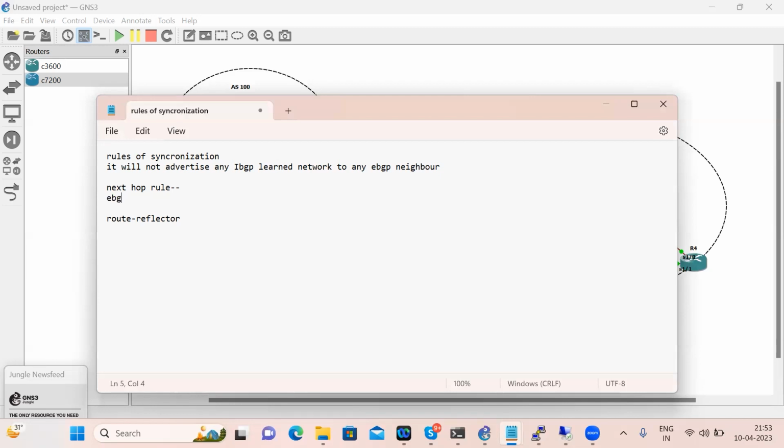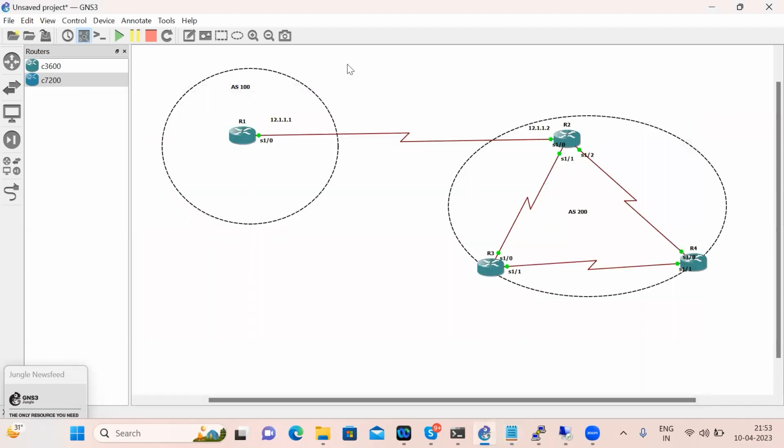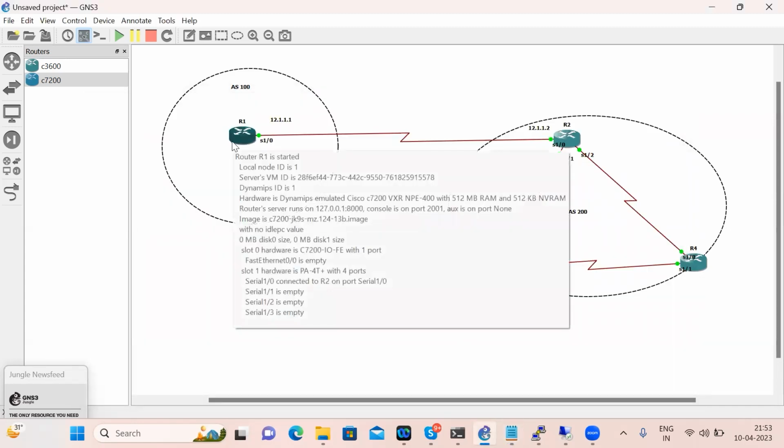And there you will see two different things, eBGP to eBGP. Okay, so whenever routes are exchanged, listen to it carefully, whenever a network or the routes are exchanged between eBGP to eBGP. eBGP to eBGP means what?